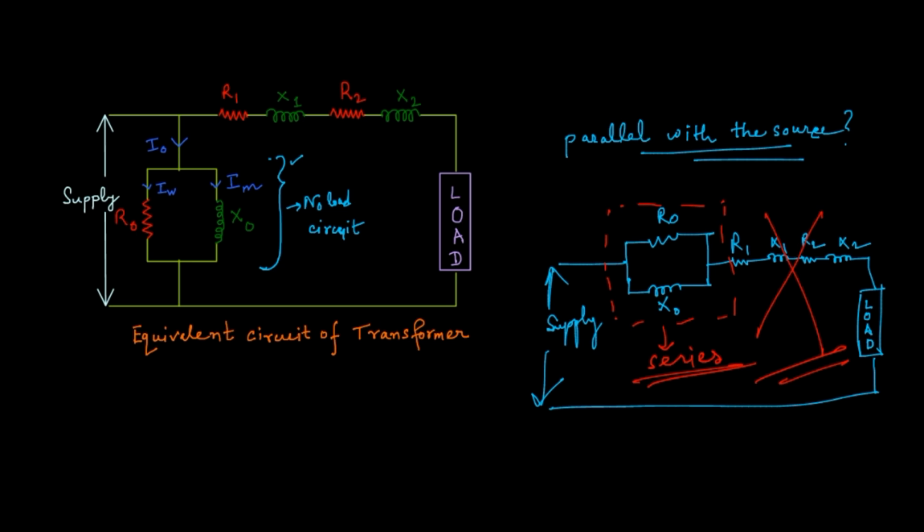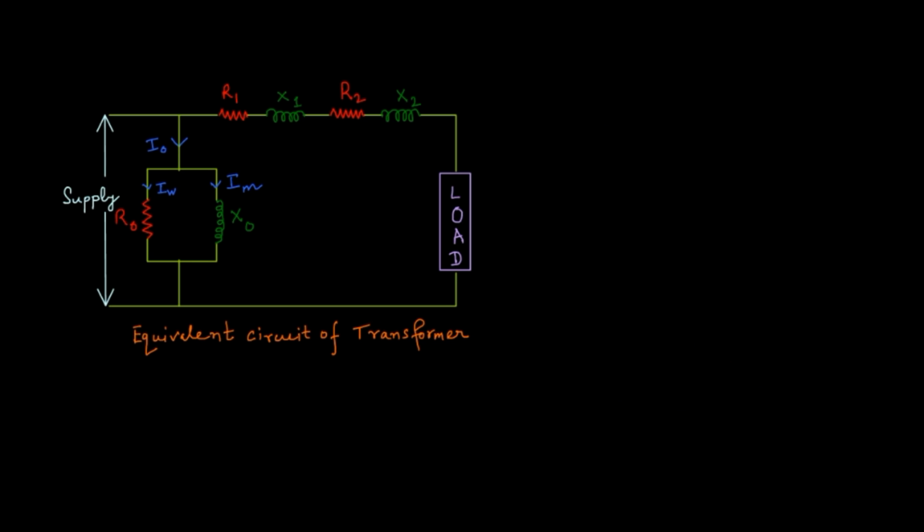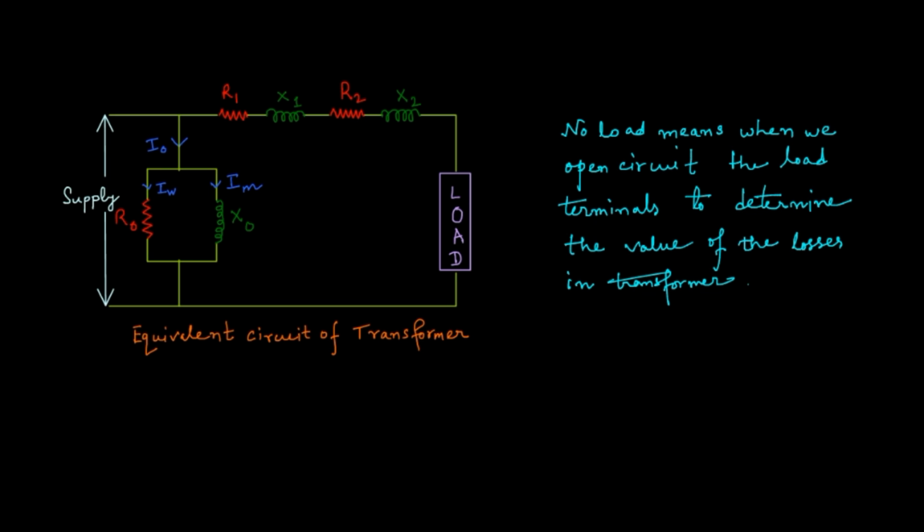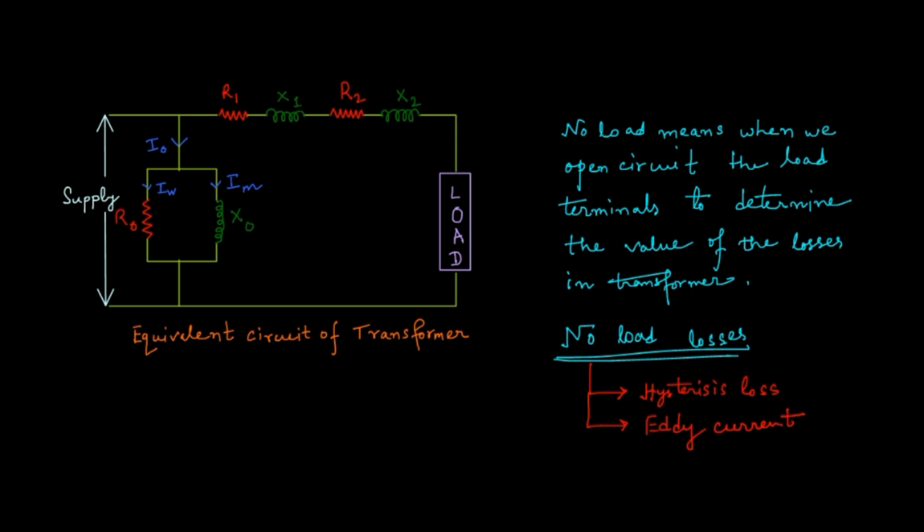So let us discuss. As we know, no-load means we open-circuit the load terminals to determine the value of the losses in the transformer, and these losses are called no-load losses. These no-load losses can be further divided into two parts: one is hysteresis loss and the other is eddy current loss.